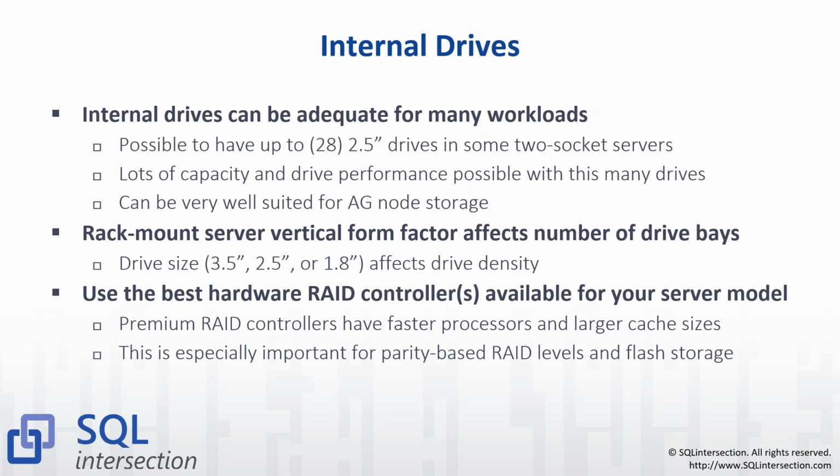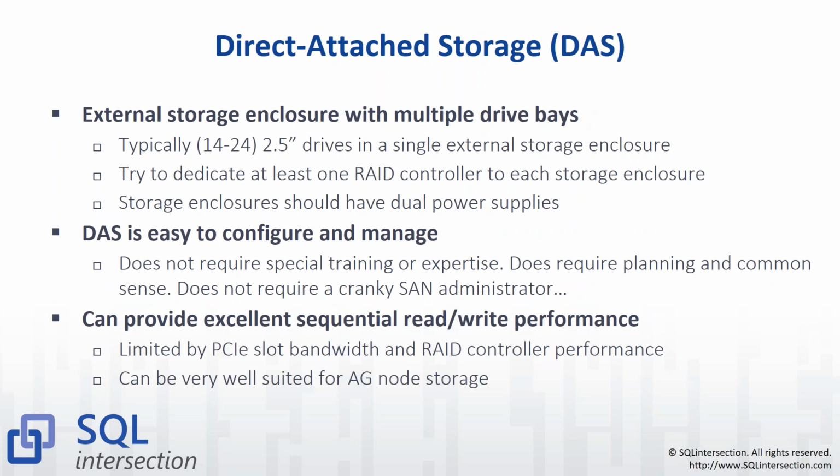Now, direct attached storage is very similar to internal storage, but you have the drives in an external storage enclosure with, again, anywhere from 14 to 24 drive bays. And if you're going to do this, you want to try to make sure you have at least one RAID controller in your host machine for each storage enclosure, and you might even want to have 2 in some cases. And you want to make sure these enclosures have dual power supplies instead of just one, so you eliminate a single point of failure.